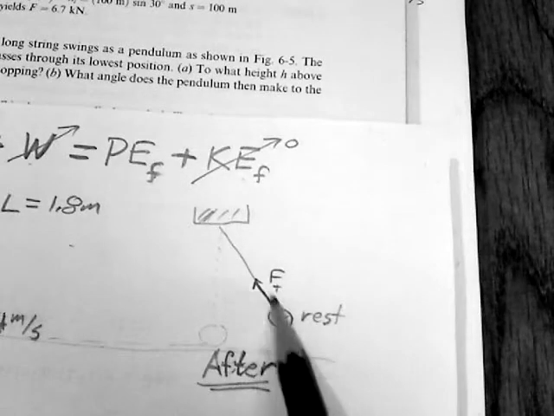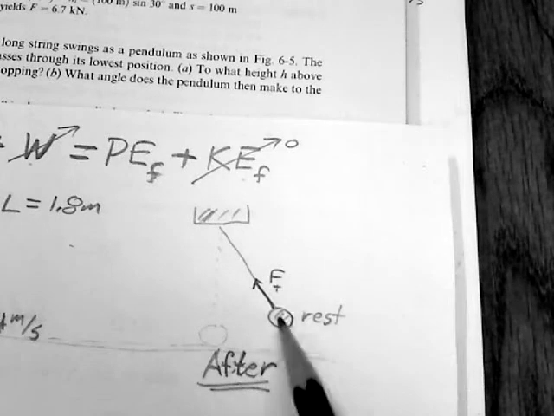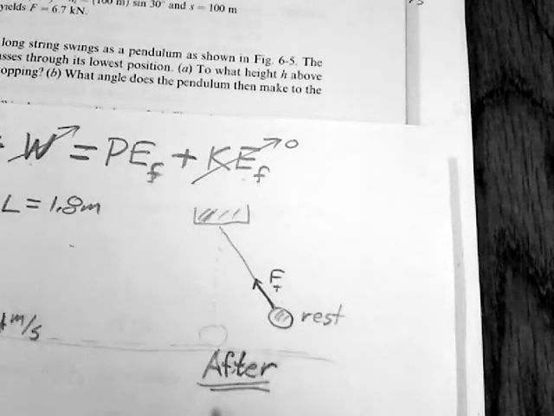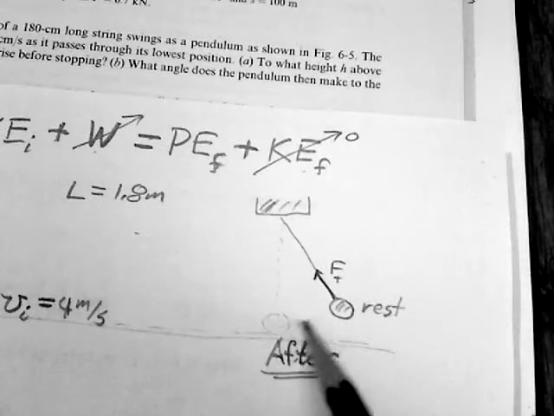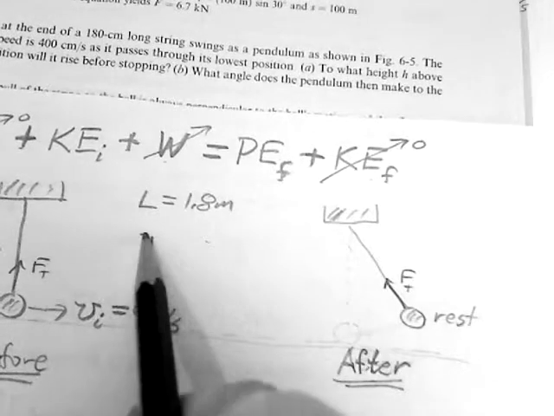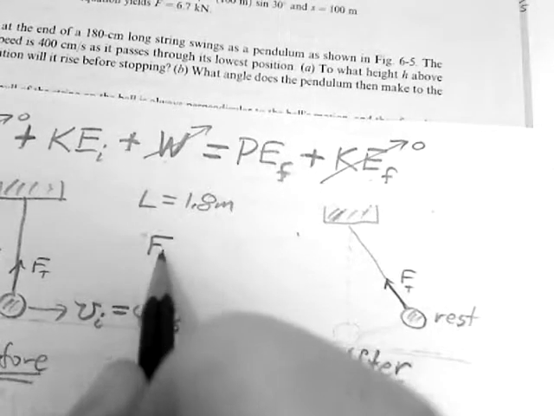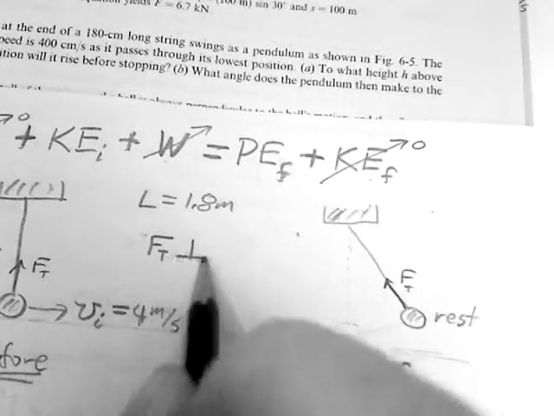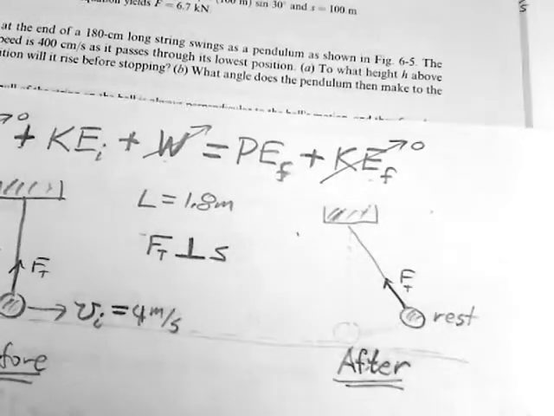Even over here, when the tension is off in that direction, just before it was arriving, it was going in that direction. So at every position along the path, we can write it symbolically like this: the force of tension is perpendicular to the displacement.